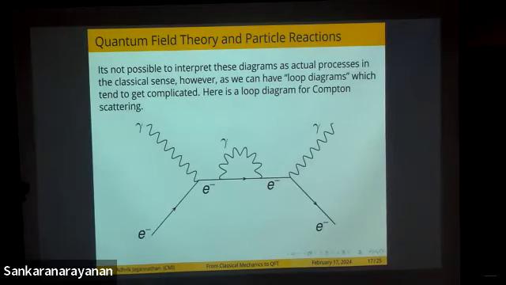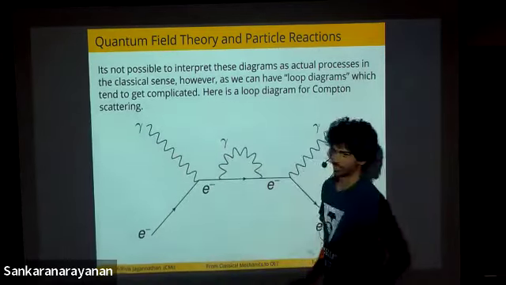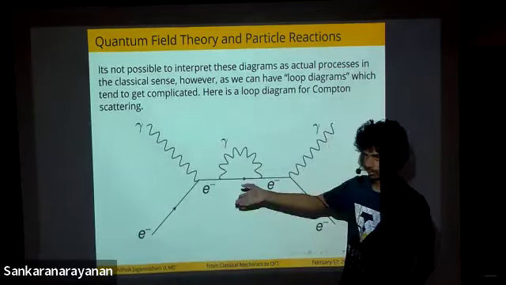This example serves the purpose of telling you that you can't think of scattering as just particles going on trajectories anymore, because there are more complicated things happening inside this scattering black box, so to speak. There are way more complicated diagrams.